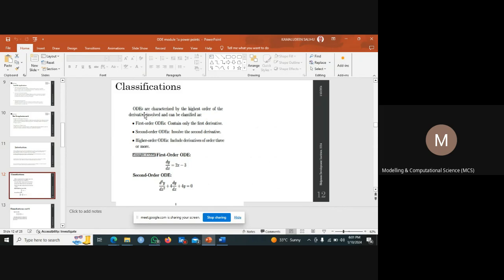Ordinary differential equations are categorized by the highest order of the derivative involved and can be classified as first order, which contains only the first derivative. Look at it here, first order: dy/dx = 2x - 2. This is what you call the first derivative.